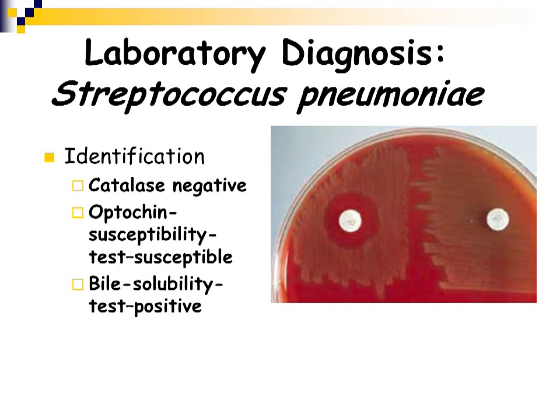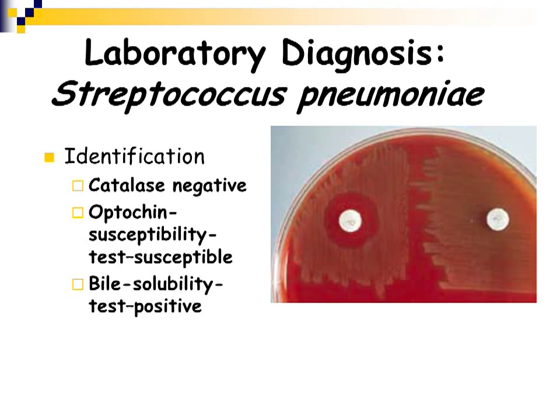You streak a lawn of bacteria, you drop the disc on, you stick the plate into the incubator, and then you look for a zone of inhibition around the disc or no zone of inhibition. So Streptococcus pneumoniae is susceptible to optochin, so you should see a zone around the disc if Streptococcus pneumoniae is in the sample.